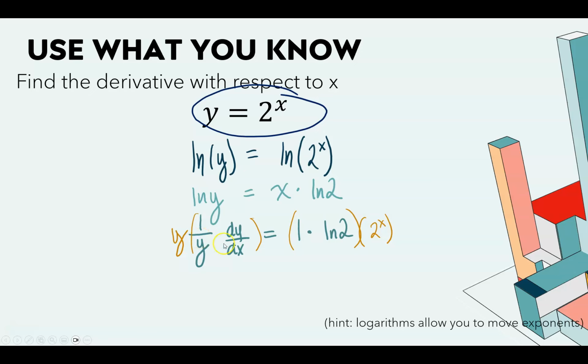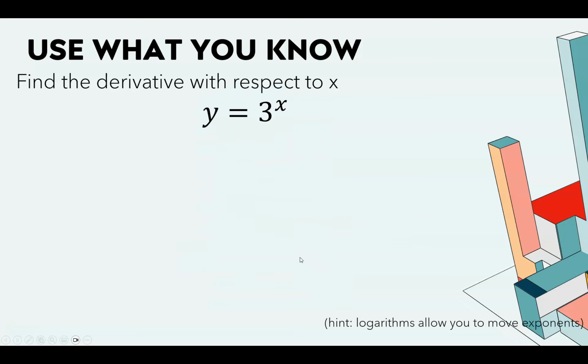And so the y divided by y is 1, and over here, it looks better to have the 2 to the x out front. So the derivative of 2 to the power x is 2 to the power x, natural log of 2. Which is why I'm going to be saying in my class the derivative of e to the x is e to the x natural log of e. That's just, I don't know, people always forget about this natural log of the base over here.